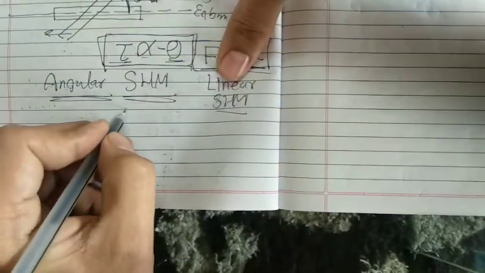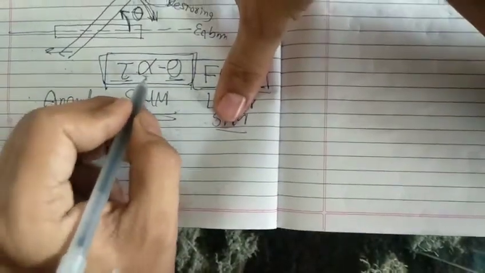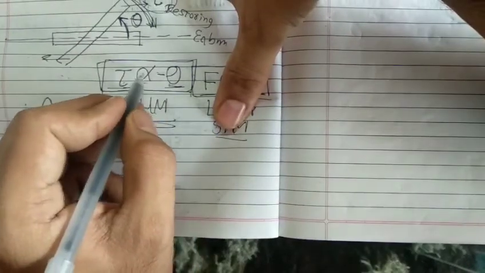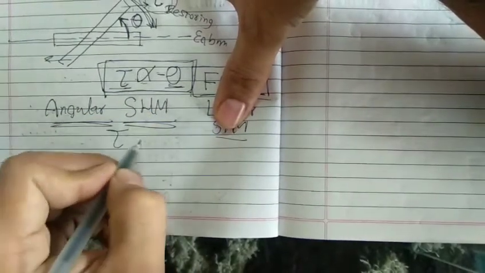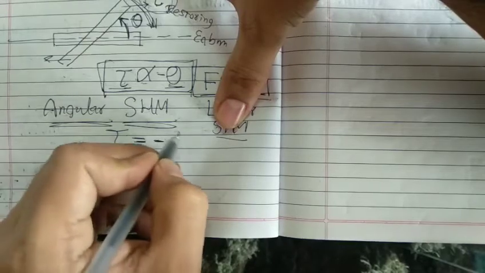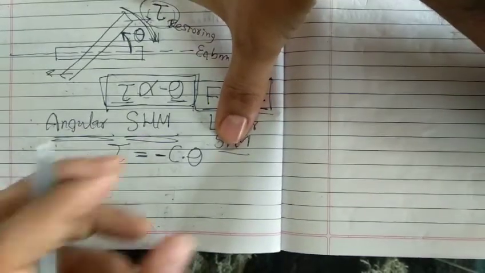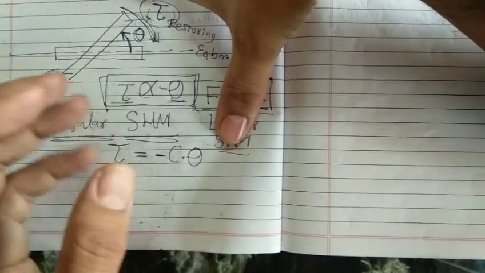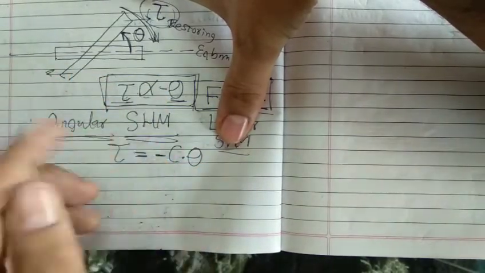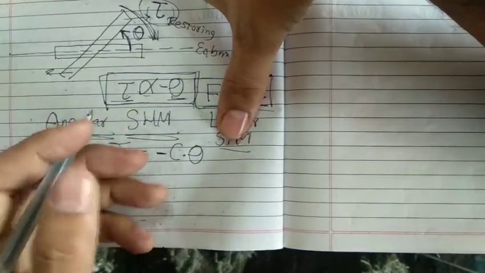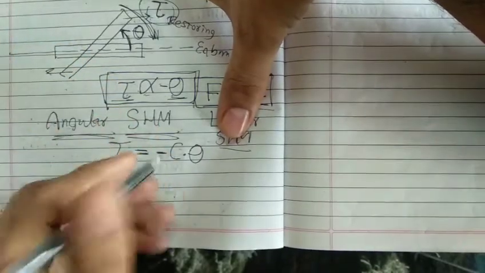Now, in the angular SHM, as I told you, torque is proportional to theta. In the next step, when we remove this proportionality sign, we have to put a constant, C. C is known as the torque constant, twist constant, or torsional constant.